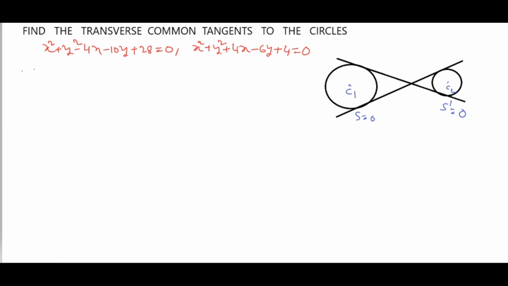C1, the center of the first circle, is (2, 5), and C2, the center of the second circle, is (−2, 3).